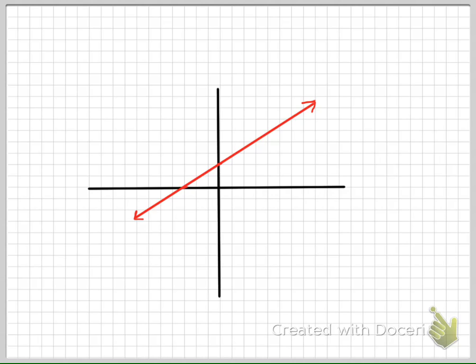And I want to find the slope of this line. Now, to find the slope of the line, I want to find rise over run. Now, there's technically 2 ways we could do this.